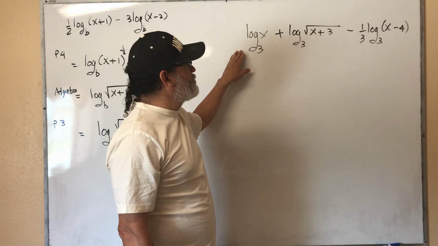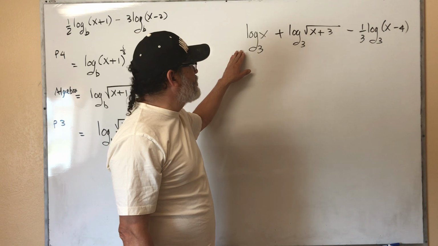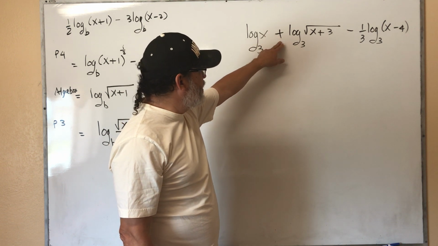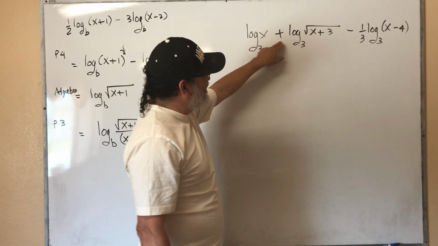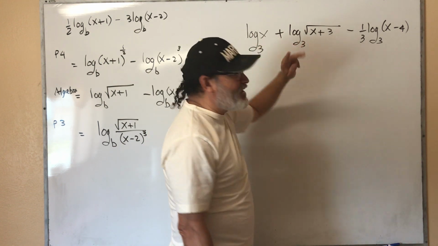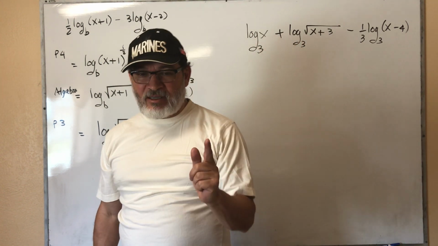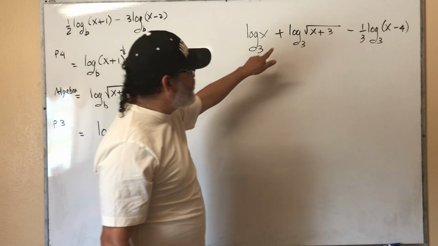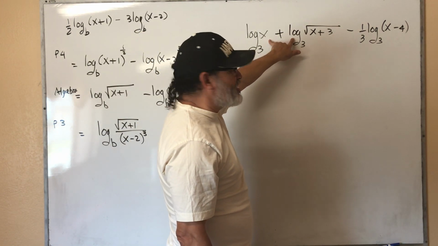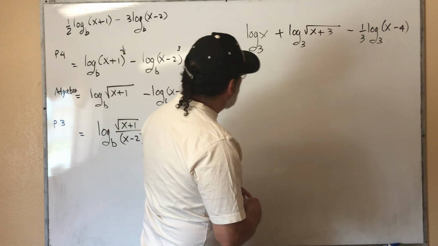The first step I'm going to do is, you see this sum? The sum of the logs is the log of the product. So let me take the first two. I'm going to express this as a product.